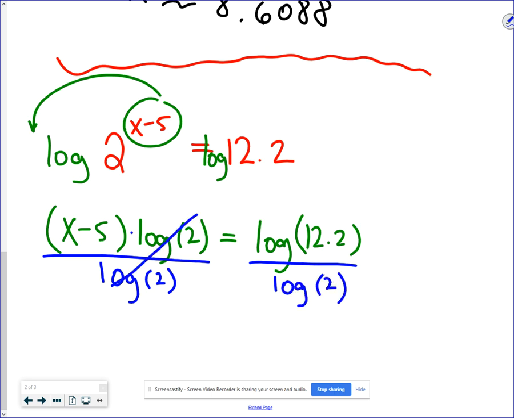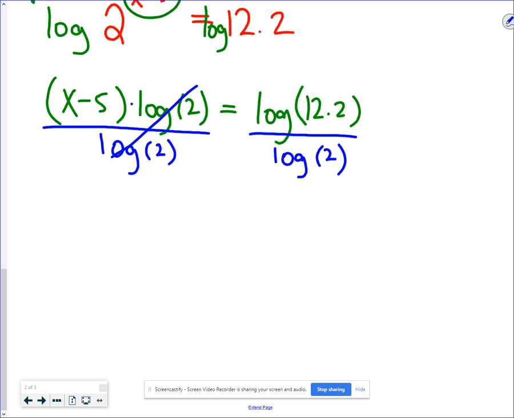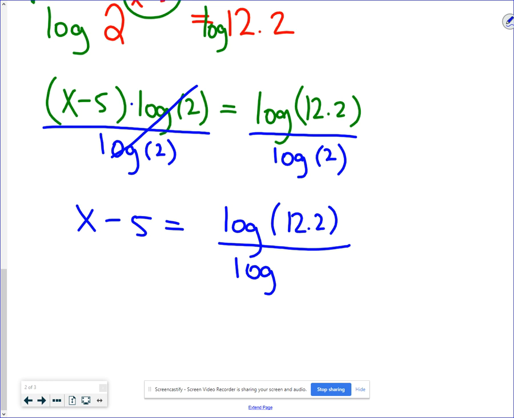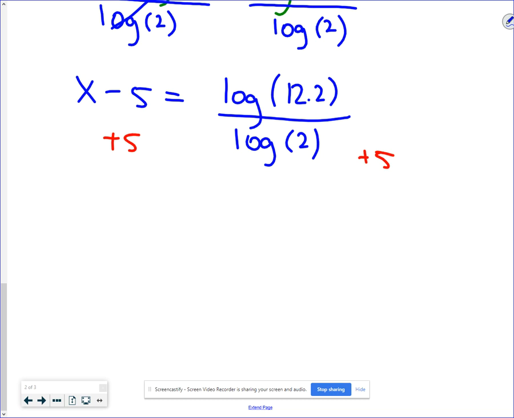So these will cancel out. So over here we just got x minus 5 is equal to the log of 12.2 divided by the log of 2. And then last, to solve for x, add 5 to both sides. And these cancel out, so here's the answer.